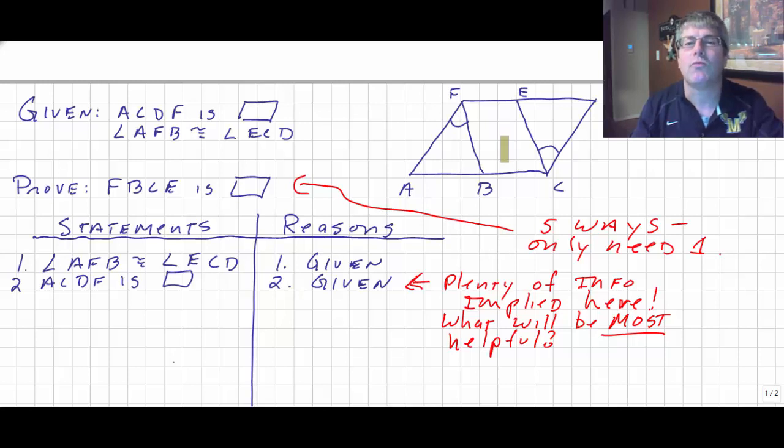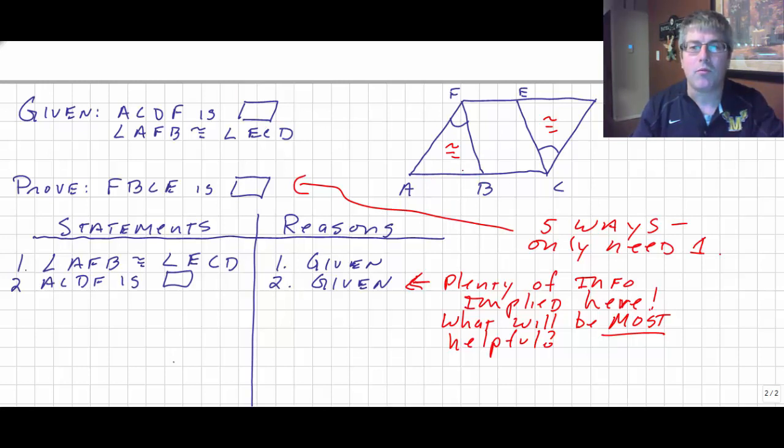The question is which route is going to be best for us and is going to be easy for us to prove. So I think what I'm going to try and do is prove these two triangles congruent. I think that's really going to help me out. So let's see how we do here. ACDF is a parallelogram.